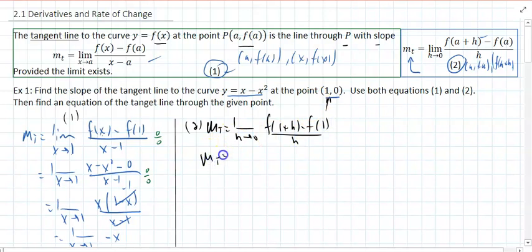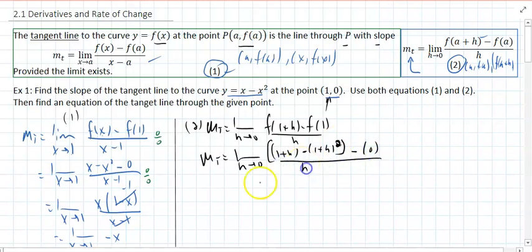Or you could do it with a plus h and plug in 1 at the end for a, same thing. F of 1 plus h is 1 plus h minus (1 plus h) squared, kind of what we did in the last problem. F of 1 is 0, all over h.